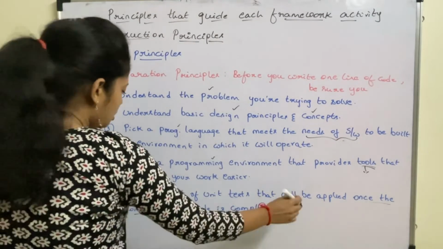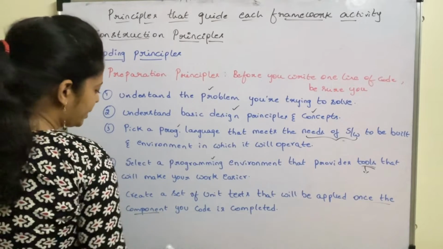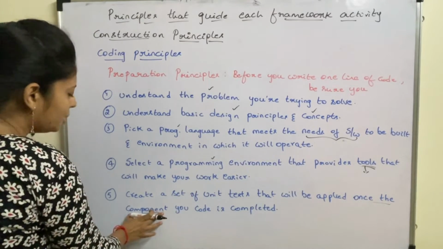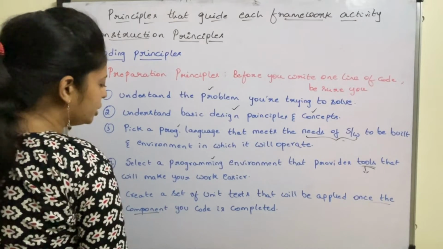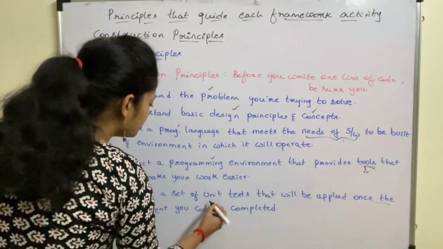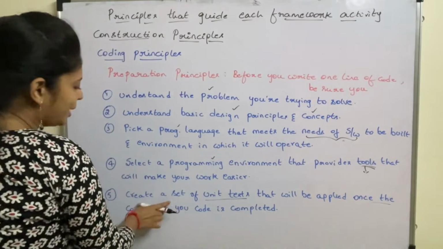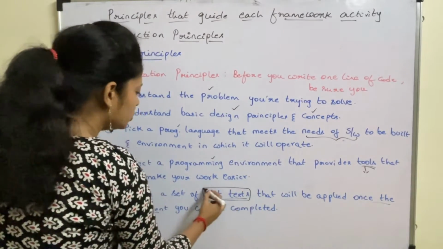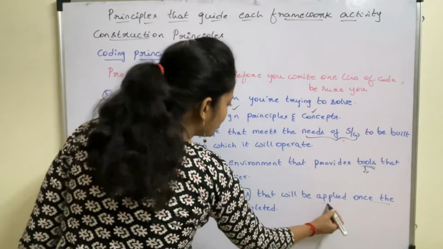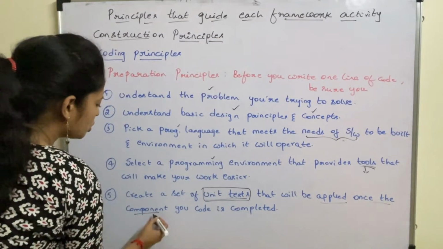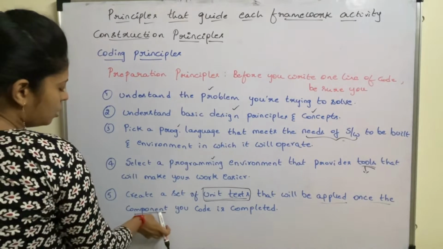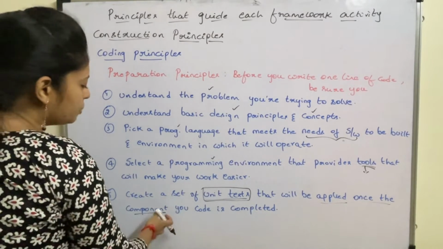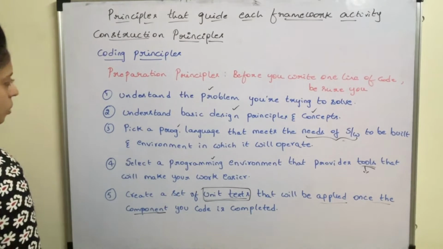Once you are done with the coding part of that component, the next step is to perform unit testing. In order to perform unit testing, you need to create unit tests and then apply them on the component which you implemented, the component for which you generated the code.